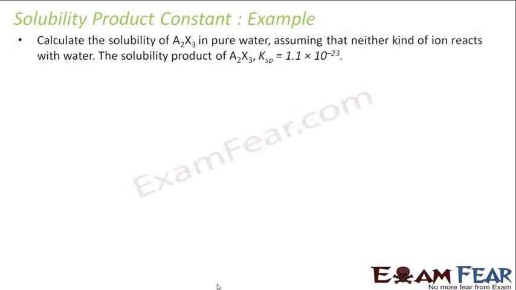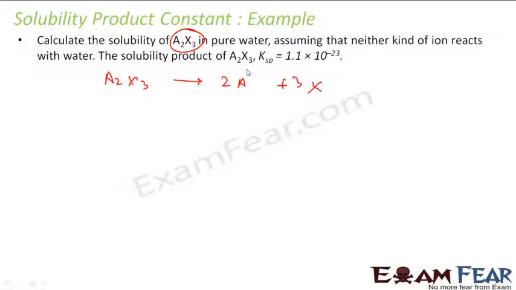We'll take an example of solubility product. We have to find the solubility of A2X3 in pure water, assuming that neither kind of ion reacts with water. So I have A2X3, it will form 2A3+ and 3X2-. So A will have charge 3 plus and X will have charge 2 minus. Correct?